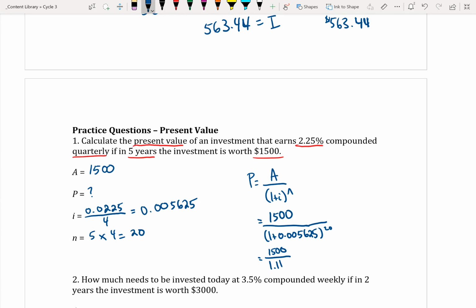1.1187 is what that bottom simplifies to, and then this works out to $1,340.81. So therefore, the present value is $1,340.81.